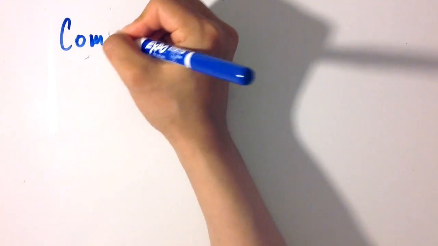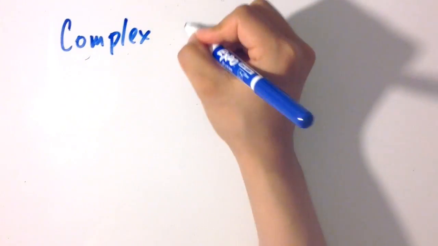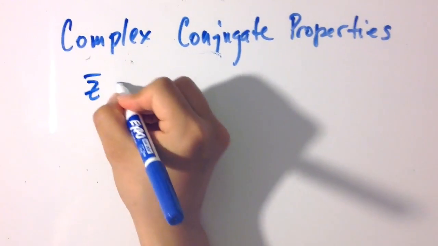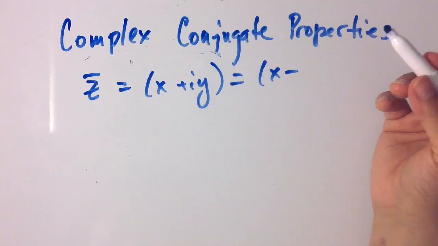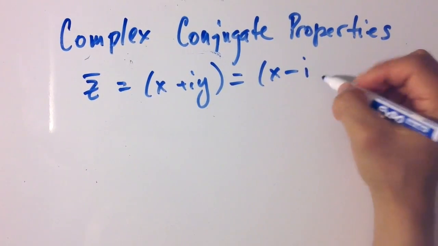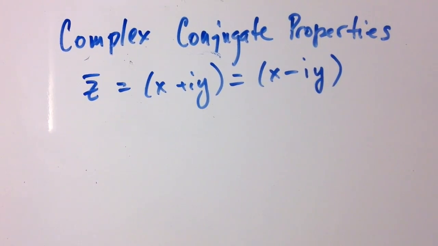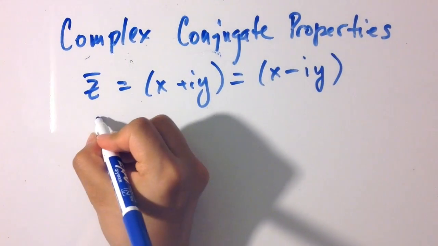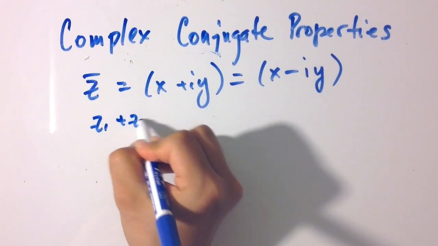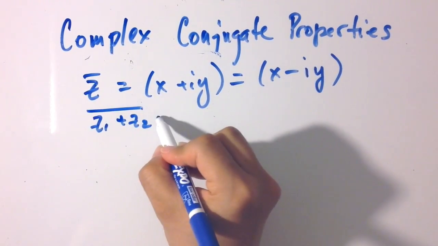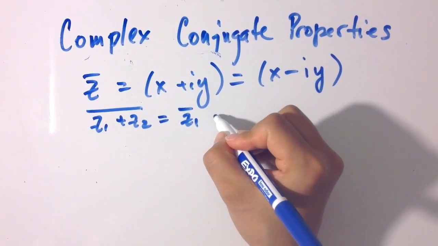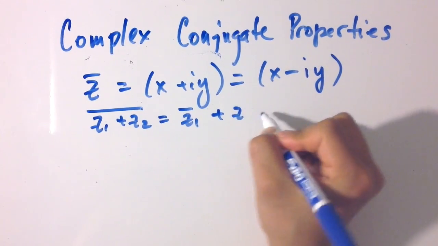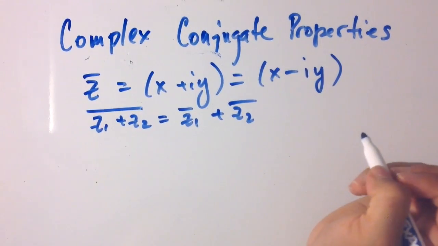It is really useful to consider the properties of complex conjugates. To get the complex conjugate of z, all we do is reverse the sign in front of the imaginary part. It works that if you have a sum of z1 and z2 and you take their complex conjugate, it'll just be the sum of the complex conjugate of z1 and the complex conjugate of z2.